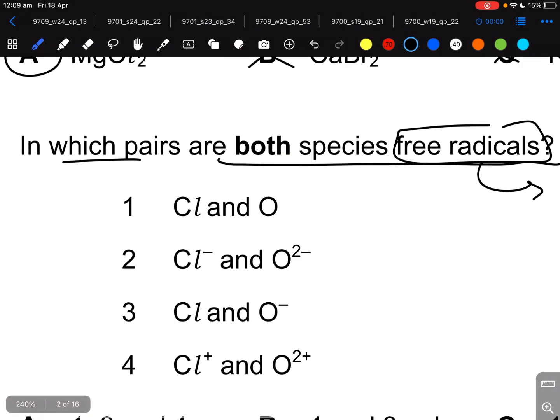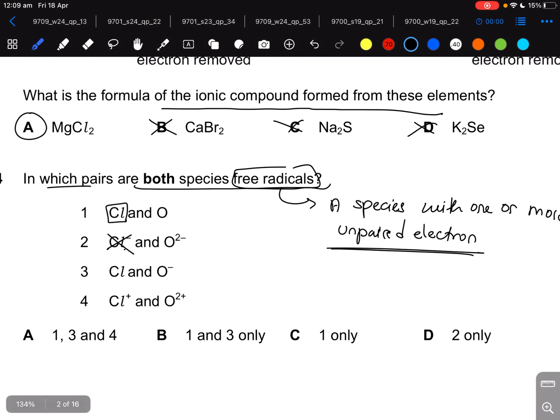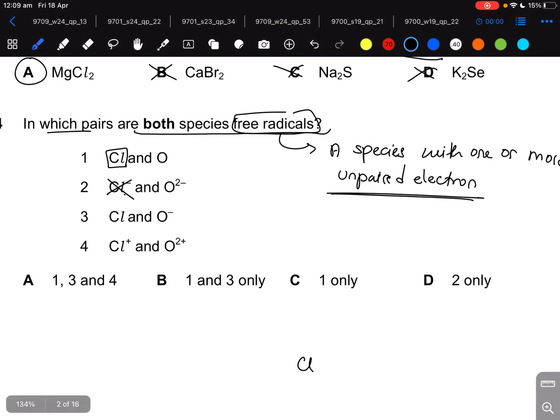So Cl we know is a free radical. The Cl minus is not a free radical, we already know this from organic chemistry. Because Cl cannot exist as atoms, only as diatomic molecules or ions. And if it's broken into atoms, then it's a free radical. So Cl is a free radical.